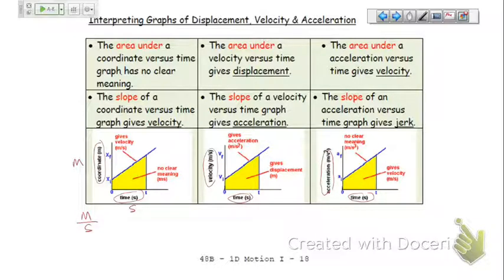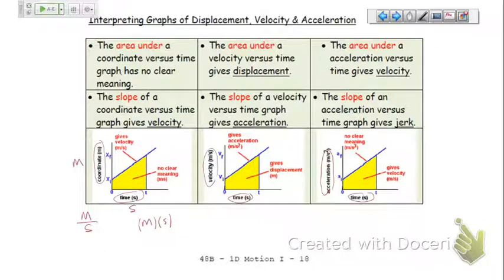Oh, that's got units of velocity. So the slope of a position versus time graph is velocity. The area under the graph is going to be meters times seconds. It exists, but there's no clear physical interpretation of it. We say it's got no clear meaning. Not so useful to us.